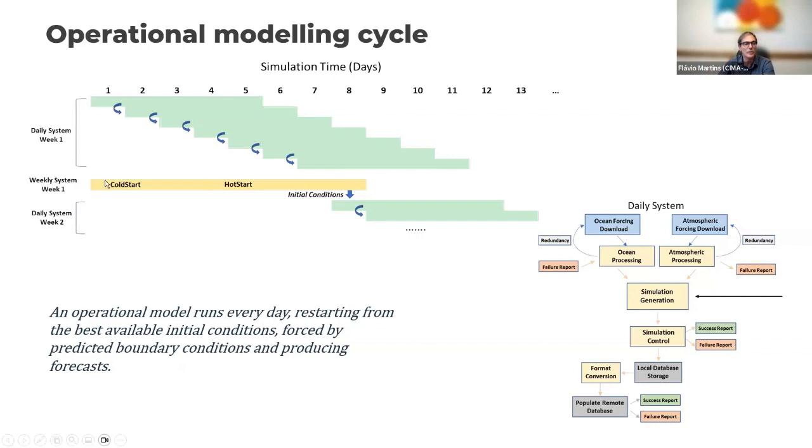And we do that by using data assimilation. We assimilate observations, and we restart the model with new initial conditions that are closer to the observations. Okay, so this is more or less the definition of an operational model.